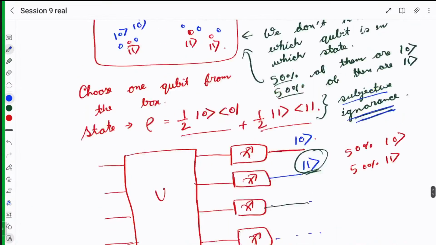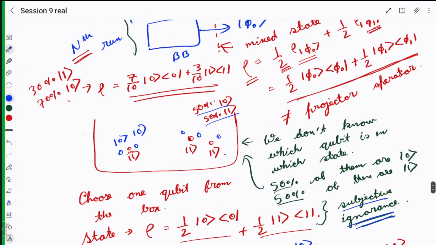So, see, I have a box with, say, 100 qubits. 50 of them are in Ket 0 and 50 of them are in Ket 1. But I do not know which qubit is in Ket 0 and which qubit is in Ket 1. Let's say I choose this qubit. I do not know whether it is in Ket 0 or in Ket 1.